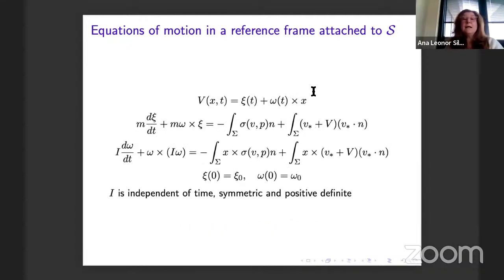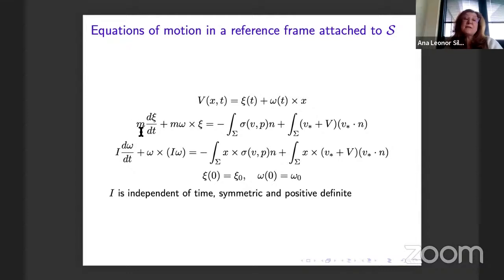Now, by means of the same change of variables, we have now this new formulation for the equations of the rigid body. Okay, we have here, for instance, these new nonlinear terms that are due to this change of variables.